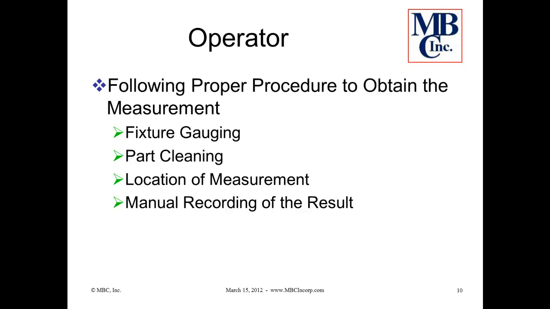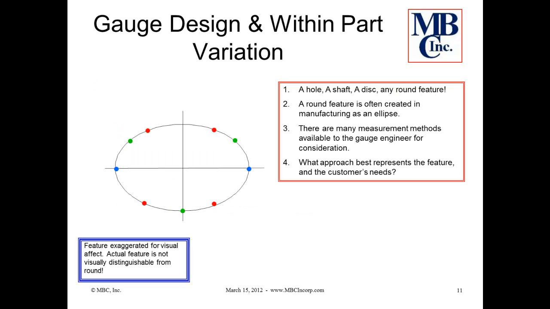Operators follow procedures to obtain measurements. Fixture gauging, part cleaning, location of measurements are all important, and the manual recording of the results of those measurements are important. The gauge design then and within part variation are important factors to consider.